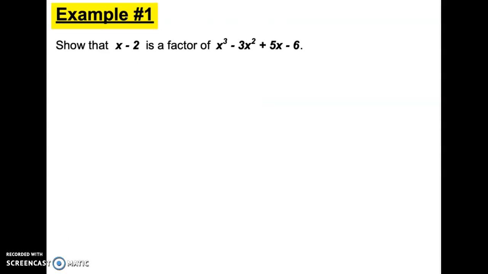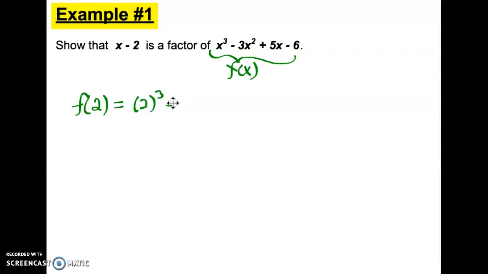So here's an example. They're asking us to show that x minus 2 is a factor. To show that it's a factor, all we have to do is show that the remainder is 0. So remember, we can find the remainder by just plugging in 2.